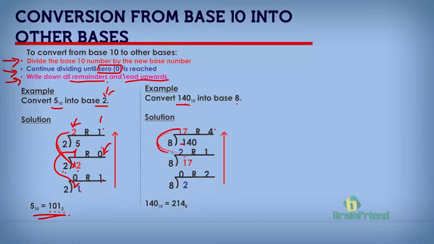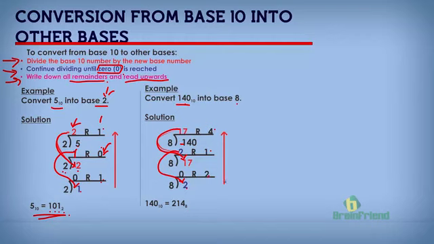That 17 again is further divided by 8. It gives us 2. That's 16, remainder 1. So we have 2, again further divided. Of course, 8 cannot go in 2. We have a 0 there. Remember, we are dividing until 0 is reached. So we have reached 0, but we have a remainder of 2 because 2 is returned.